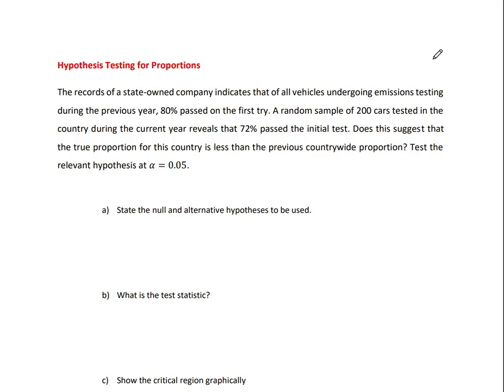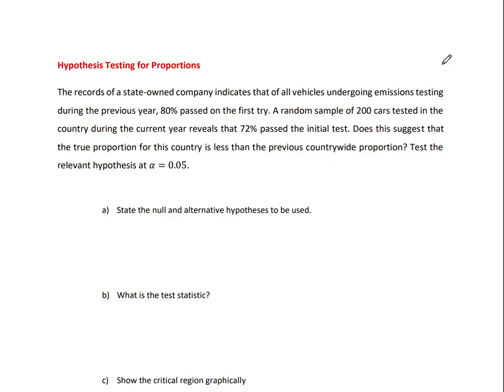So that 80% relates to the population of vehicles, and that is the figure being challenged. This is typical of hypothesis testing for single proportions, where a percentage or proportion related to a population is challenged using a contemporary sample drawn from that population, to see if there is enough evidence from the sample to suggest that the population percentage may have decreased or increased, or has changed in one of the two directions, which is the case for two-tailed tests.